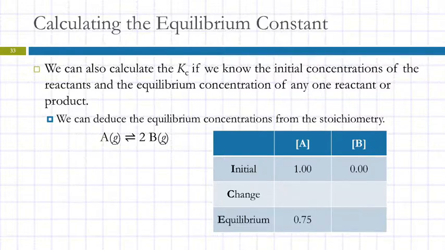So what we do is we look at this and we say, okay, well, we started with 1, a change occurred, and we ended up with 0.75. So how did it change to get from 1 to 0.75? You lost 0.25, right? So the change here for the concentration of A is negative 0.25.